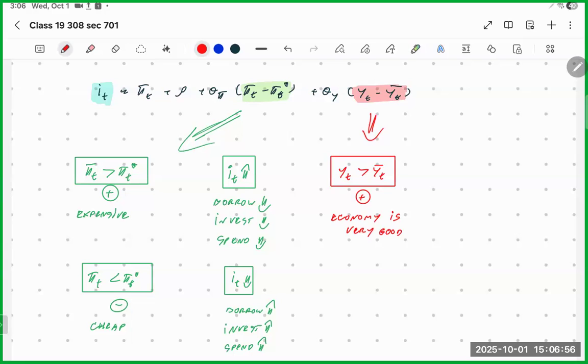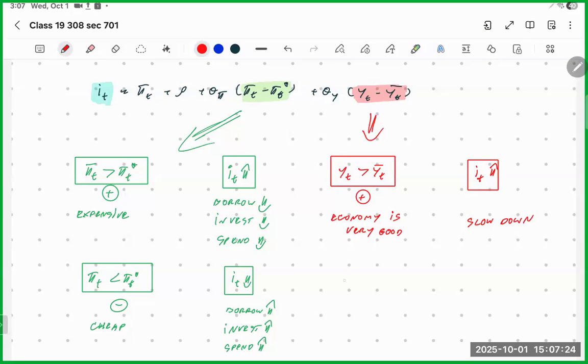The right hand side is increasing, YT greater than YT bar. Then the left hand side is gonna be increasing too, right? Which means the central bank is gonna be increasing the interest rate, which they can slow down the economy by doing this. They're gonna slow down the economy.